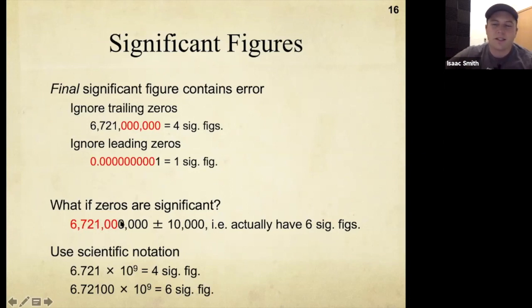All those are significant because you know when you took the measurement that these numbers here were significant, and that you just estimated this last digit. So then we'll use scientific notation.